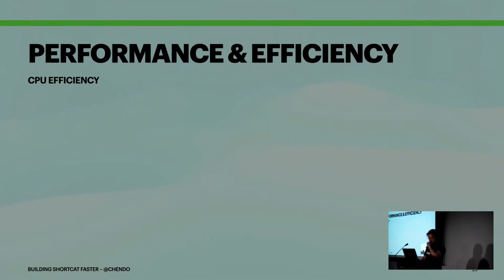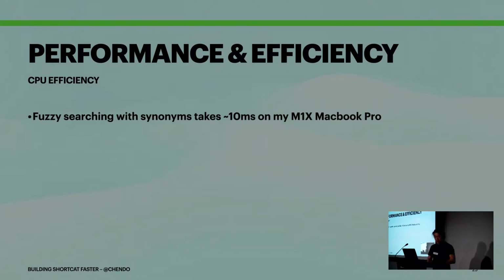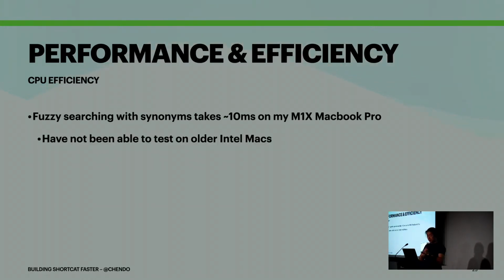CPU efficiency. The fuzzy searching part, with all the synonyms I'm working with, does a lot to make things more searchable, so you can be a bit off and figure it out. It takes about 10 milliseconds on my M1X MacBook Pro, which is probably an unfair comparison to a lot of machines out there. I have not been able to test on older Intel Macs because I don't have one that can run Monterey anymore.